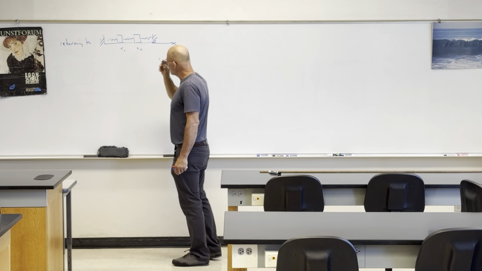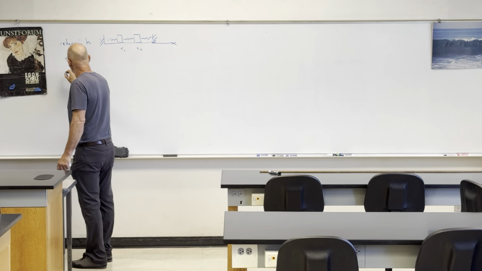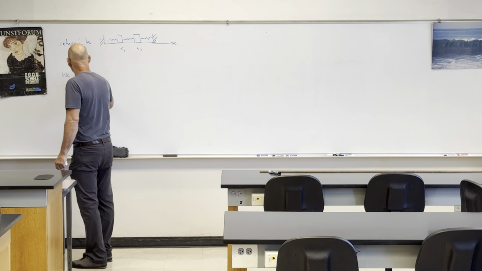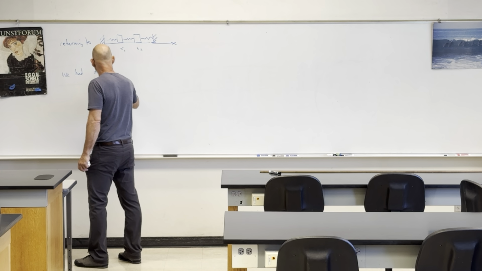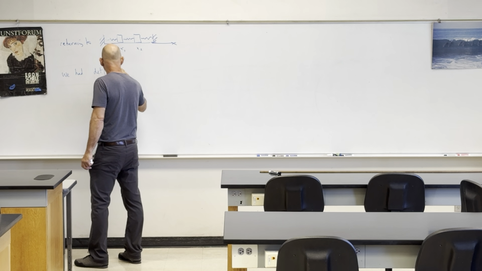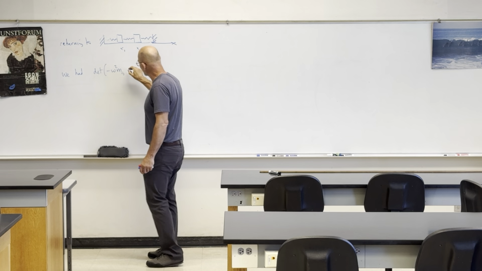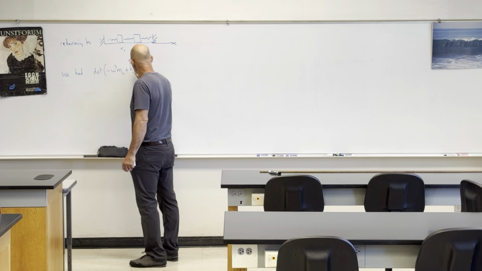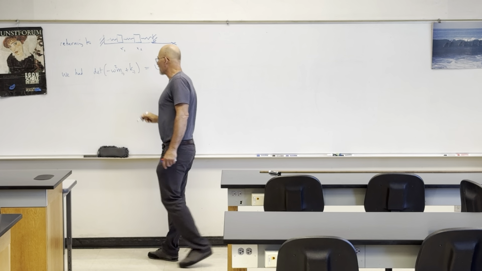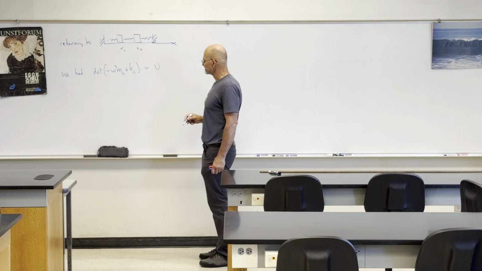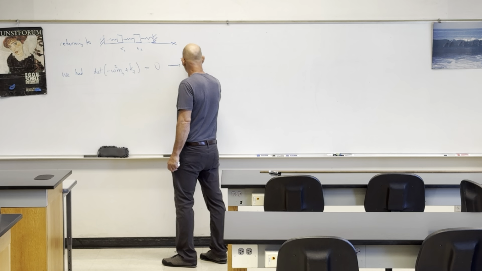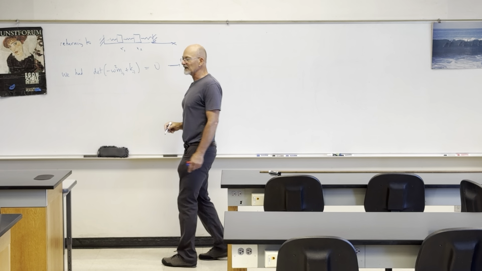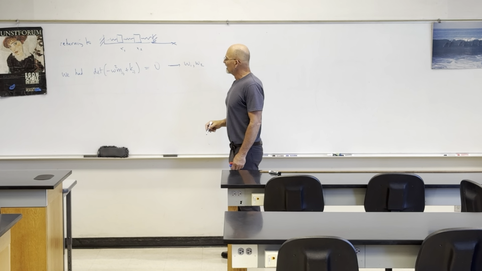Now we ended up with determinant of negative omega squared m, I'll write ij to show that it's a matrix, plus kij equals 0, which gave us omega 1 and omega 2.